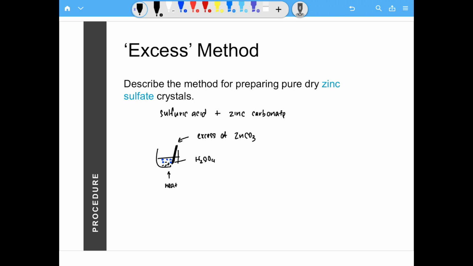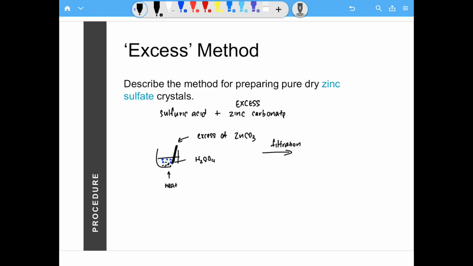That means that the zinc carbonate can no longer undergo any reaction, meaning all your acid has been reacted. So once there's no more effervescence, and there is some zinc carbonate remaining, we know that all the acid has been reacted. Now we need to perform a filtration.